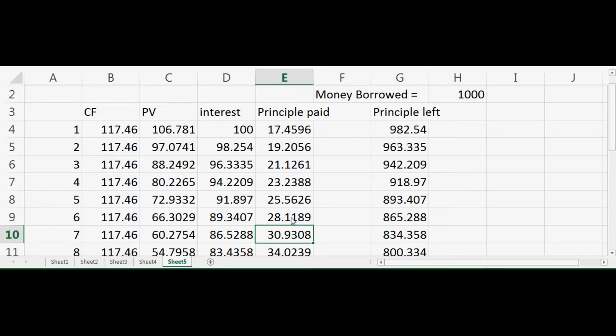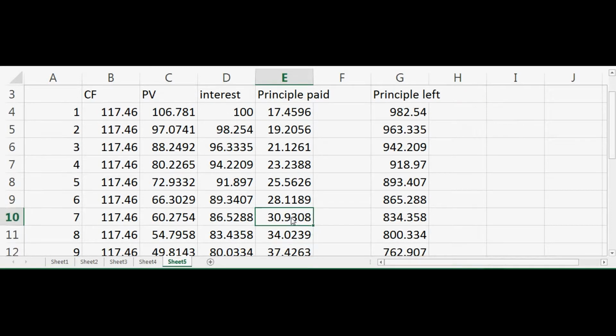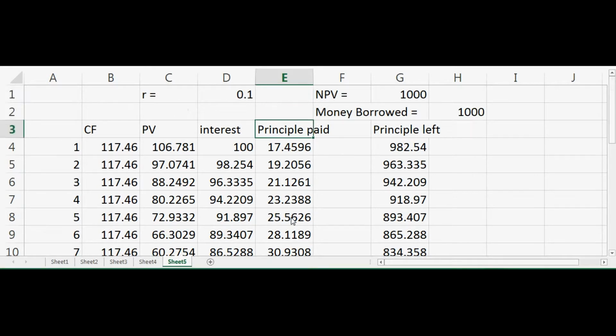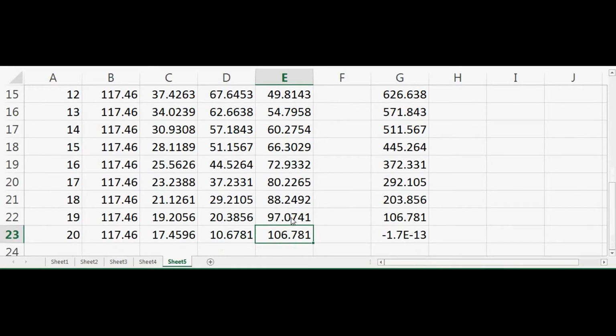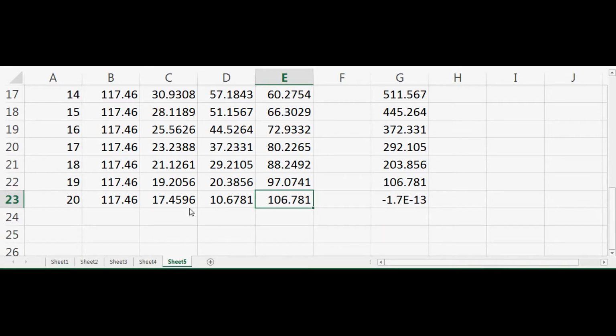So we can see that at the end of 20 years he will be paying $10 as the interest and 106 as the principal. So the interest amount is very low and it will leave him with a zero balance. So here it is giving 1.7 times 10 to the minus 13, which is 0, but because it's Excel, it calculates to a very long decimal point, so it should be 0.